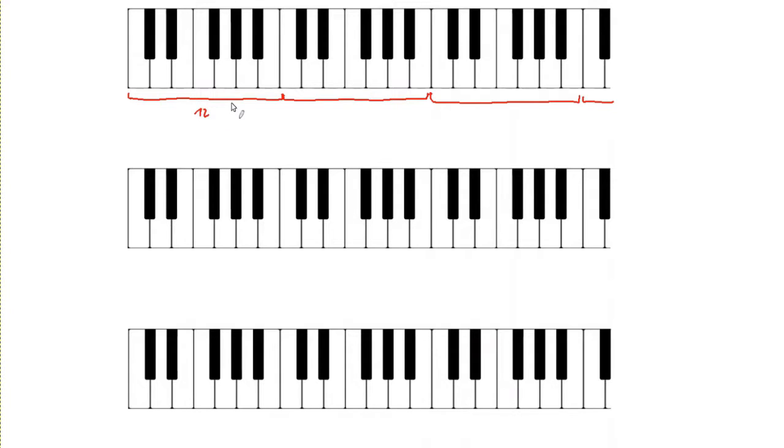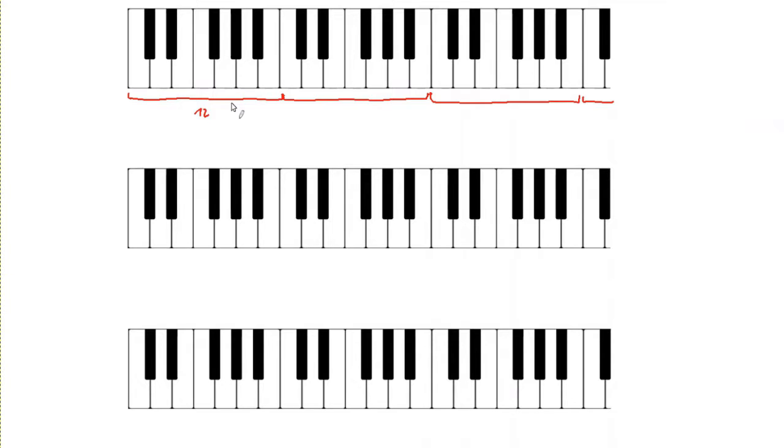If you count the white and the black keys together, you will see that there are 7 white keys and 5 black keys, and this is basically an octave. So the MIDI keyboard is a repetition of octaves, and every octave for itself is the same.